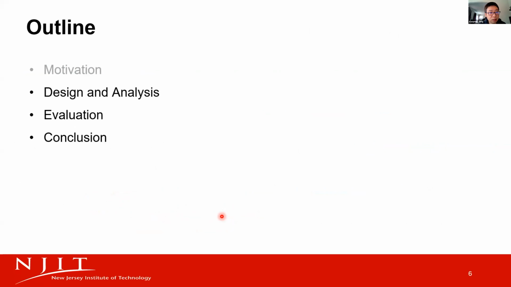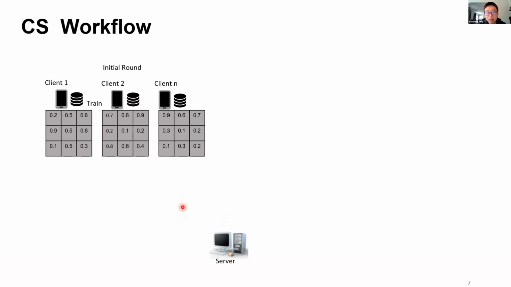So now let's look into the details. In this system, we have n clients and 1 server. In the initial rounds, the clients train with their local data and produce dense local models, and send the local models to the server, and the server simply averages them and produces a global dense model.